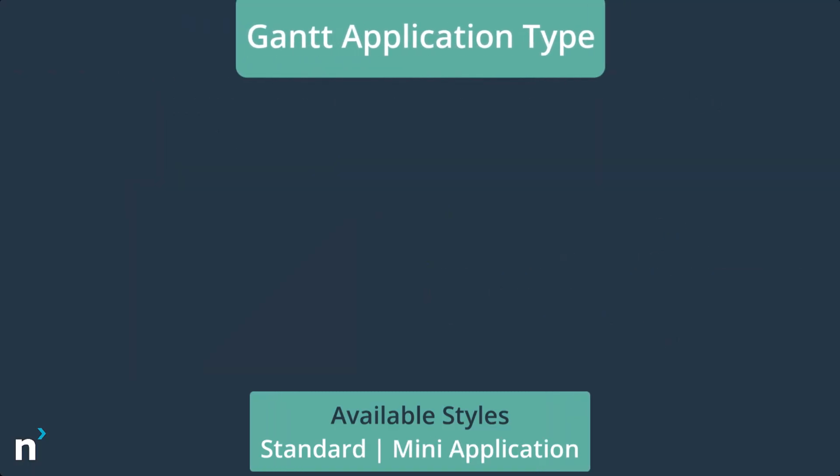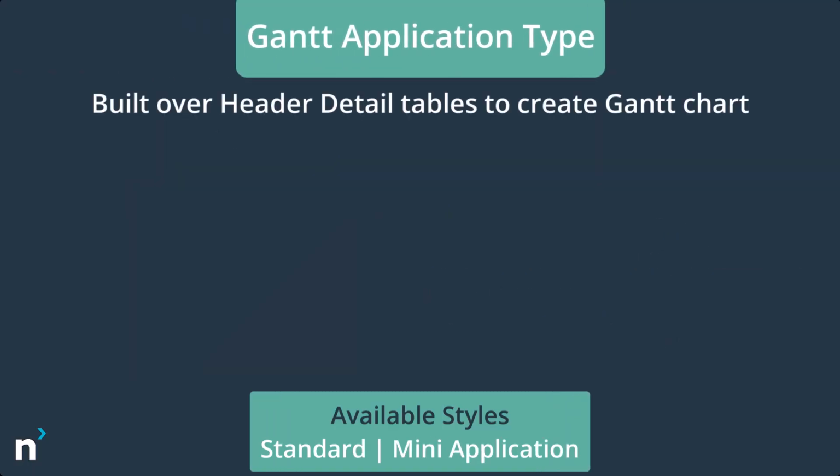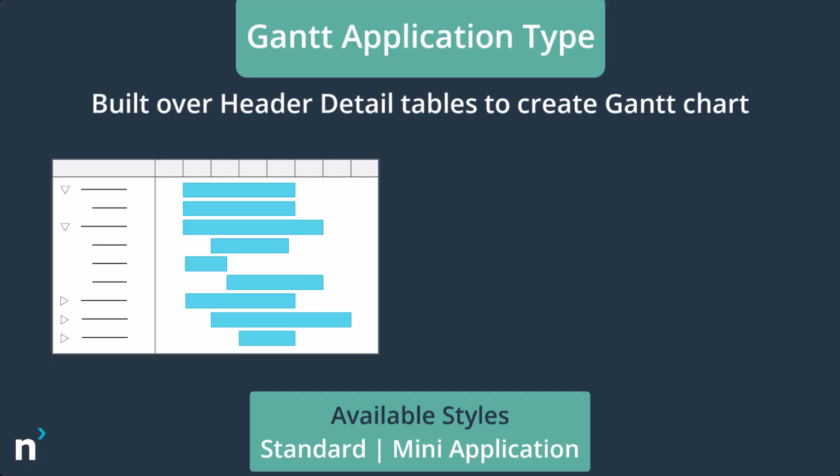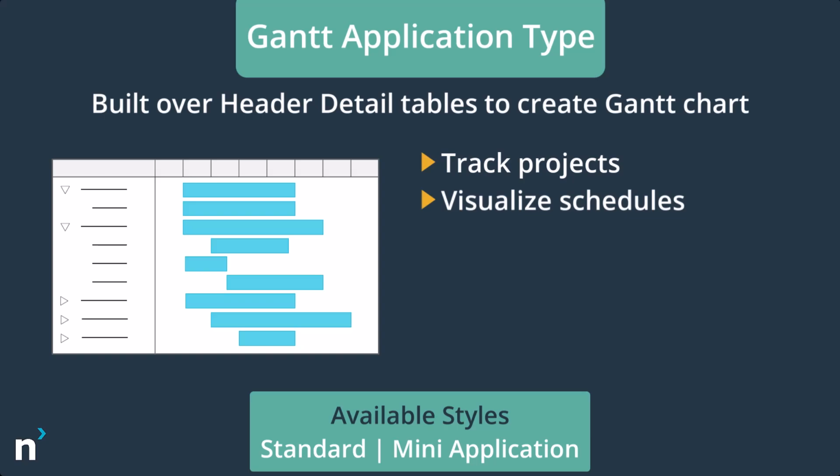The Gantt application type is built over header detail tables to create a Gantt chart. Gantt charts are useful for tracking project progress and dependencies and visualizing project schedules. These are often useful in manufacturing to show work orders and the expected time to complete them.